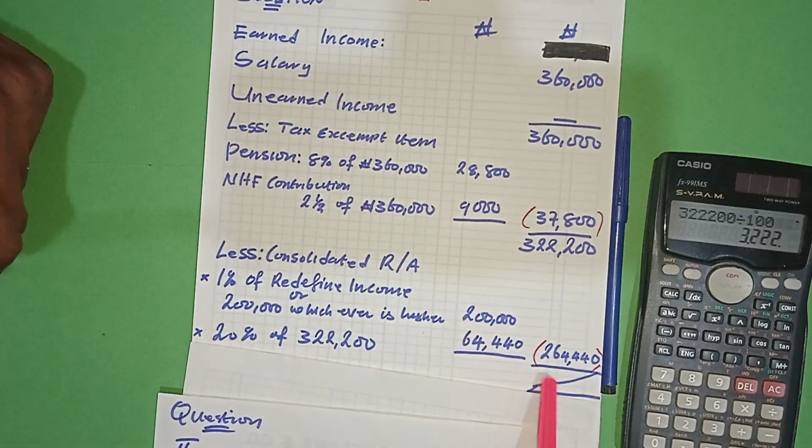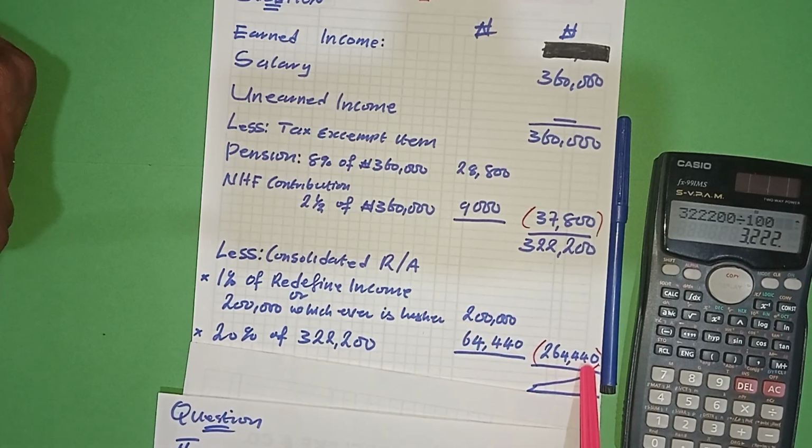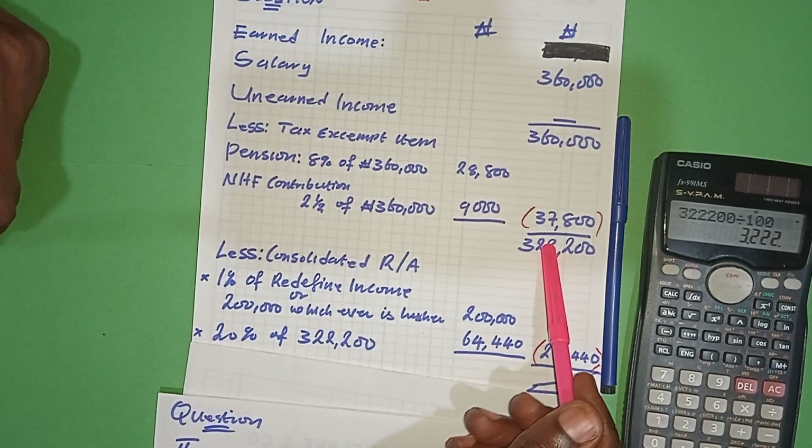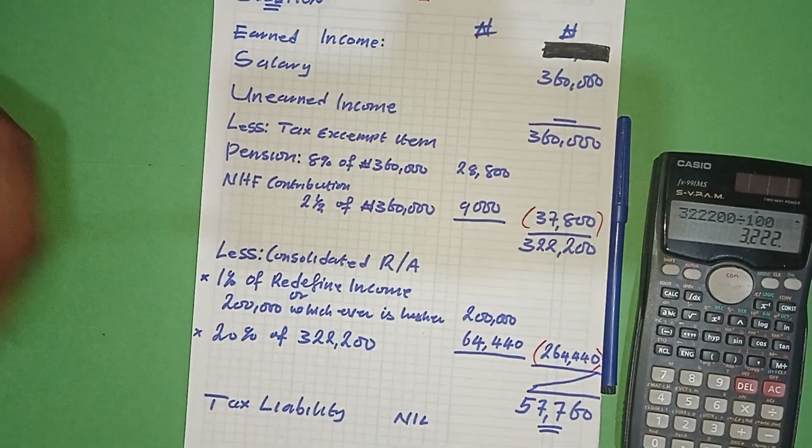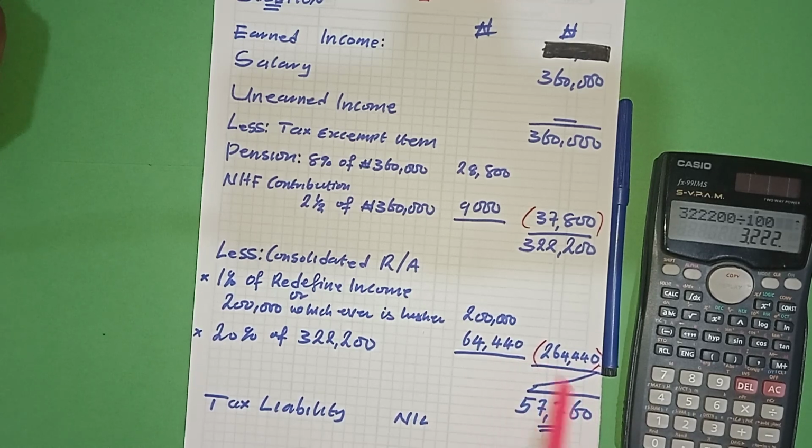Then when you add these two, it will give you 264,440. Subtract it from this, and it gives you 57,760. This is your chargeable income. This is where we charge the tax.